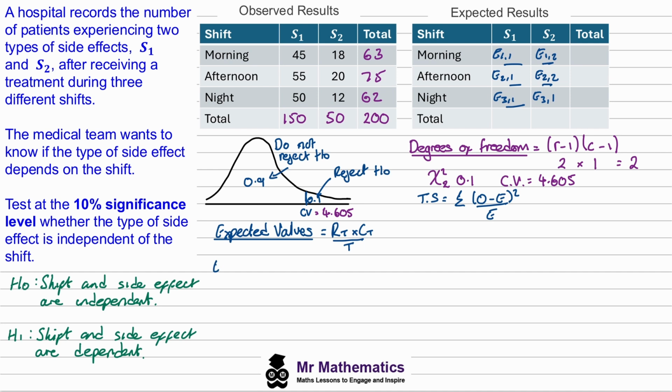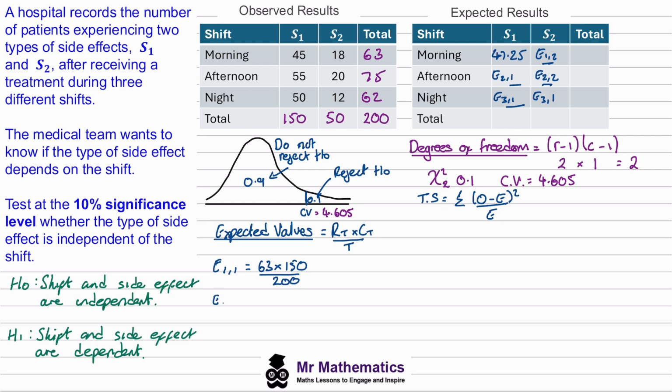Then we'll say the expected value in our first row, in our first column, will be our row total multiplied by our column total divided by 200. And this will give us 47.25.